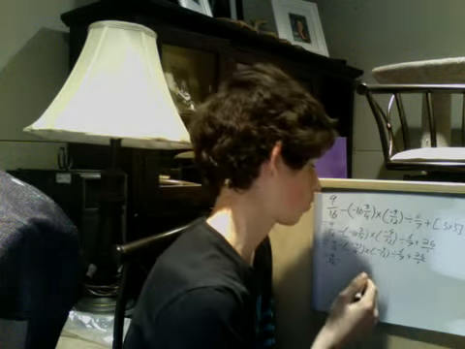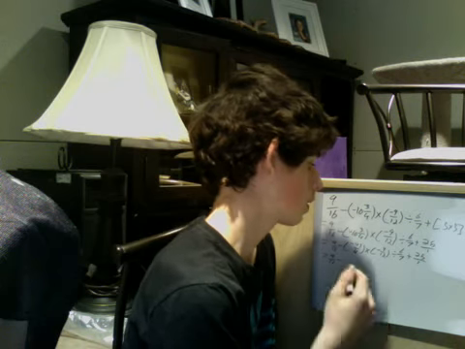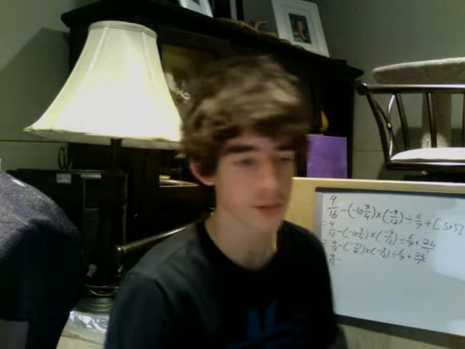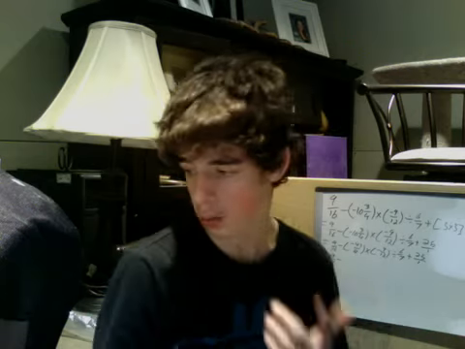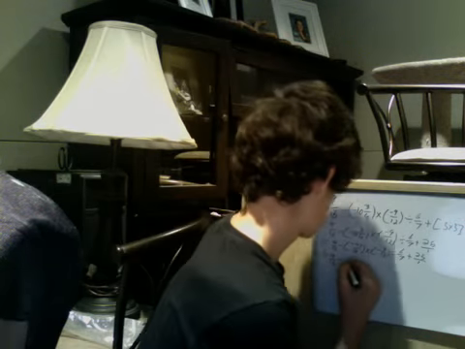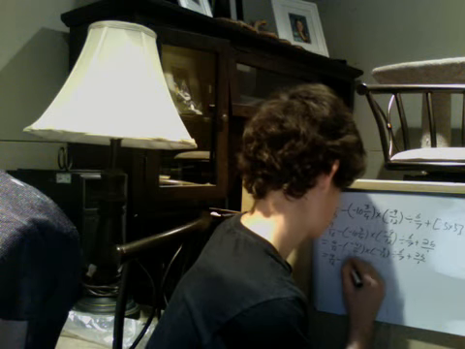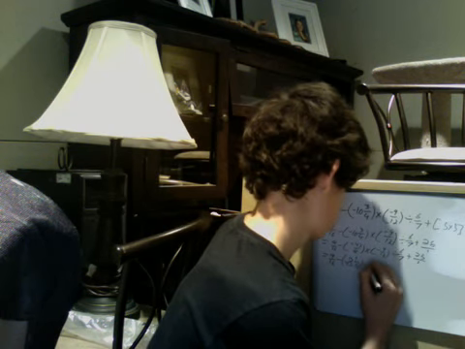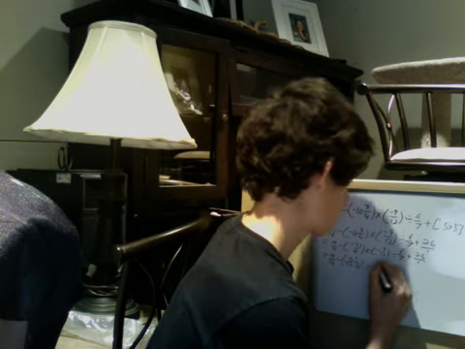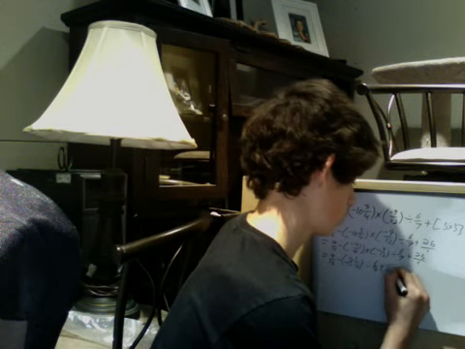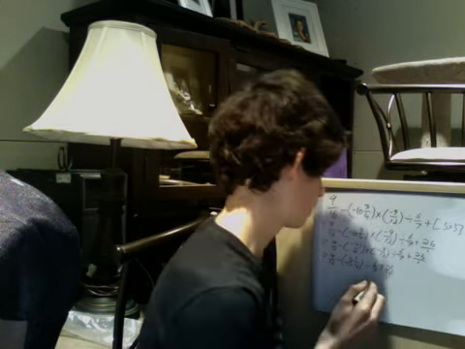So negative 43 over 4 times negative 9 over 12 equals negative 8 and 1/16. Divided by 6 over 7 plus 25 over 1.